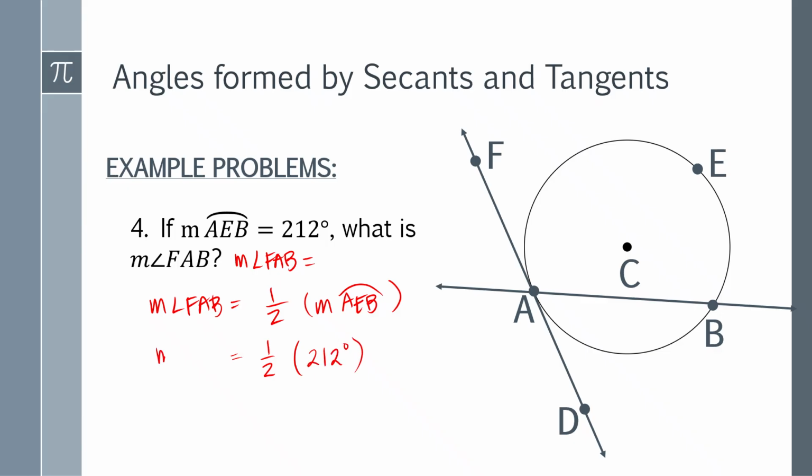What is the measure of angle FAB? If your answer here is 106 degrees, then you are correct. So the measure of angle FAB is 106 degrees. If you get this correct, then you are a superb mathematician. I hope that you get this.